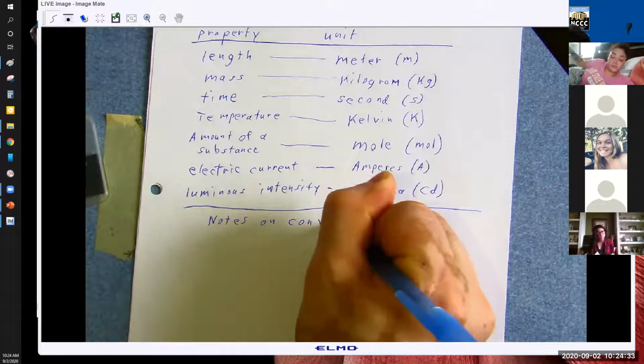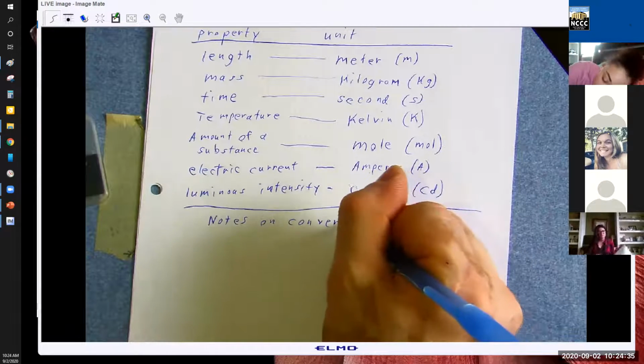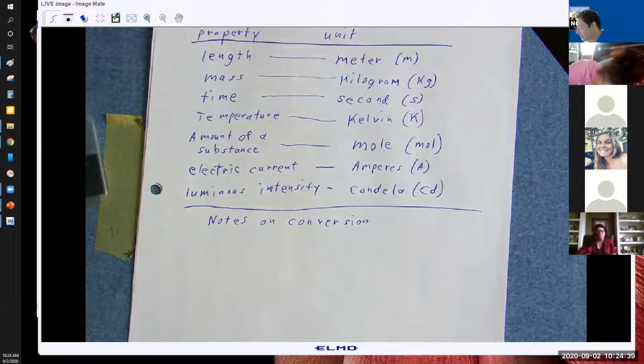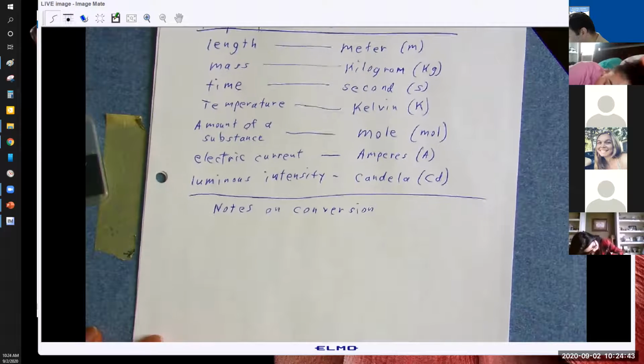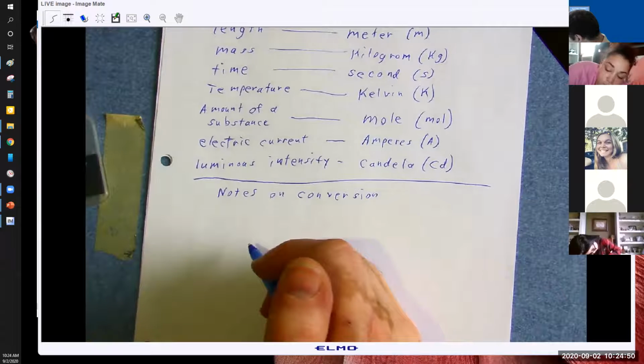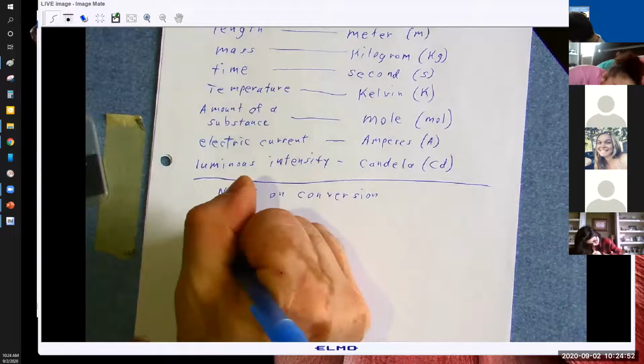Sometimes you have to convert from, say, meters to centimeters, right? Or you have to convert from meters to feet. So let me just give you some notes on conversion. Typically, the formula you're going to use is going to look like this. So give me a minute to draw this out.